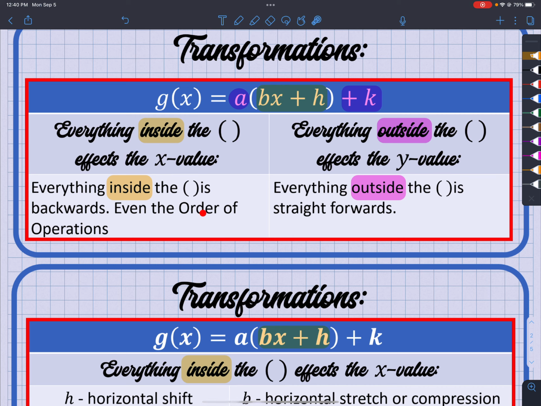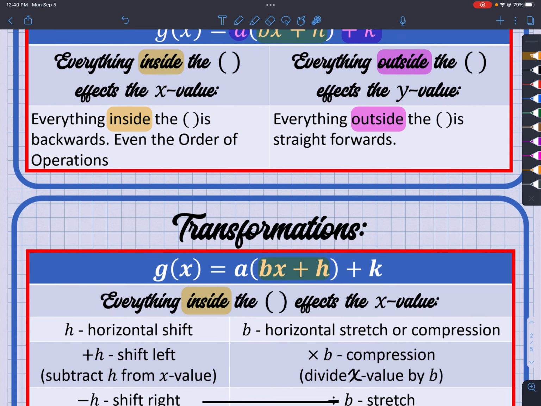Even the order of operation, meaning if it's telling me to add, I subtract. If it's telling me to multiply, I divide. If it's telling me to divide, I multiply. If it's telling me to subtract, I add. Everything outside, which affects the y value, those operations are straightforward, including the order of operations.